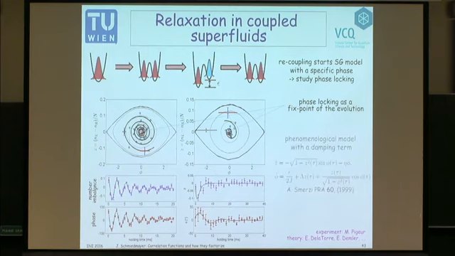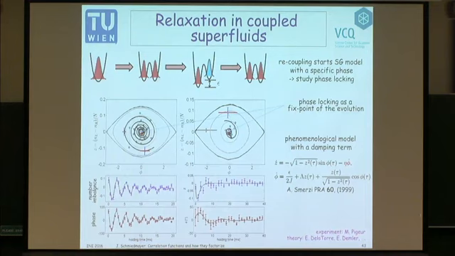And if the sine-Gordon model is perfect, you would assume a good oscillation. But what we always see is this type of spiral, and everything goes down to a fixed point, and this fixed point is basically phase 0. So the system phase locks.